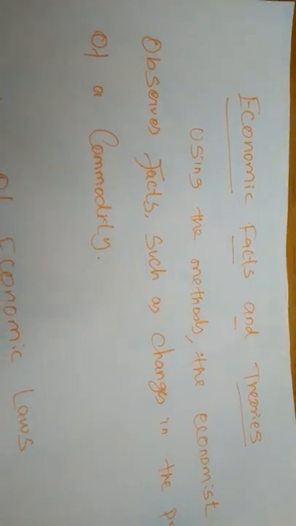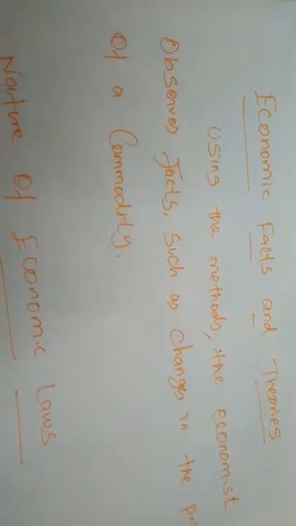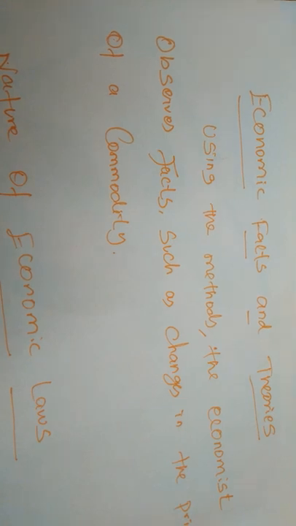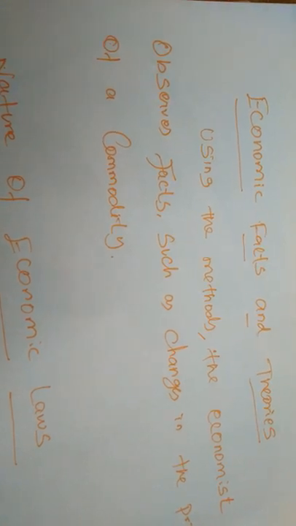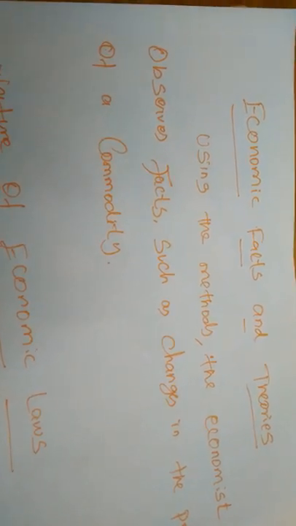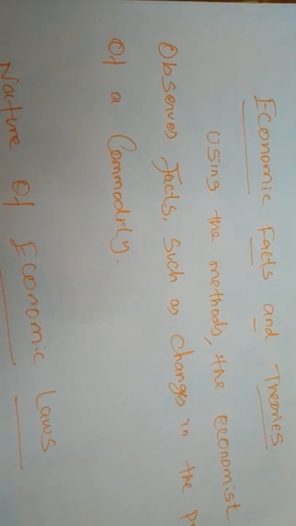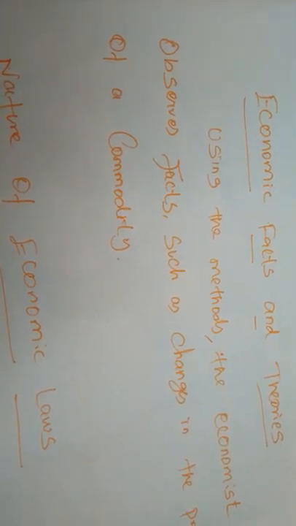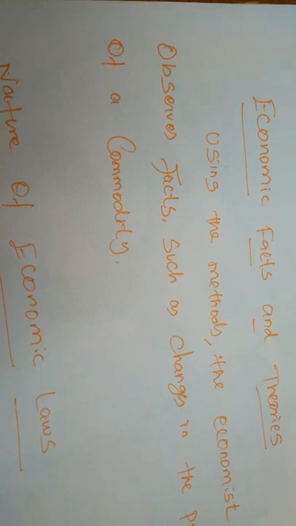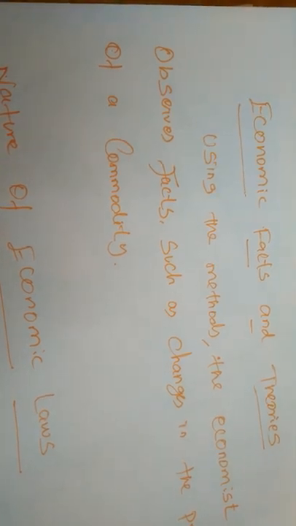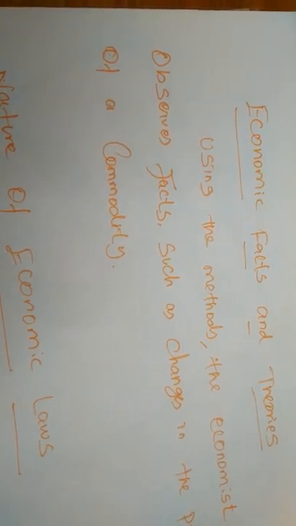And next, the economic facts and theories. In economics, different types of theories will come, and some of the facts will also be formulated by the economist. Using this method, the economist observes facts such as a change in the price of a commodity.